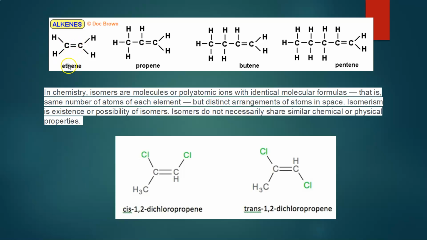Eth is a prefix that indicates that you have 2 atoms of carbon, and ene is the ending for alkenes. Propene, 3 atoms of carbon, and the ending "ene" because you have at least one double bond. Butene, because you have 4 atoms of carbon, and pentene because you have 5 atoms of carbon.